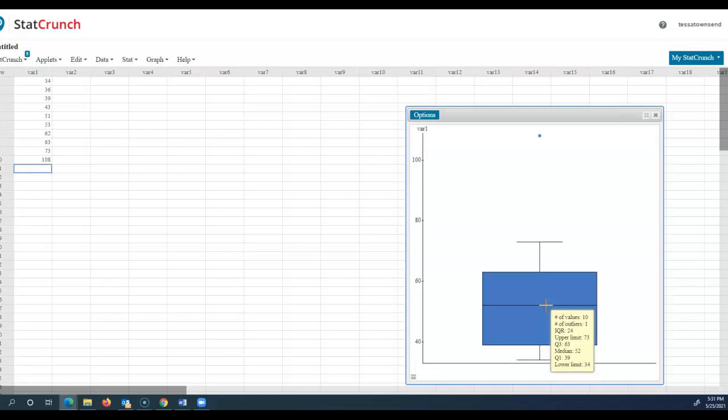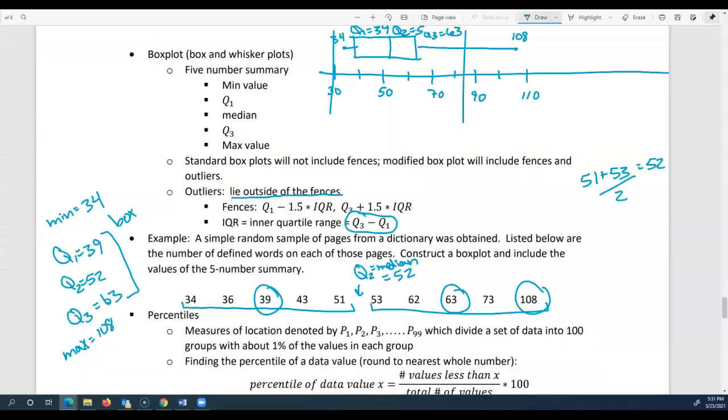So now the upper limit is a little bit different. It's at 73. 73 is the largest value that's inside of those fences. And then notice that this guy, that 108, is outside of the fence. It's an outlier. So there's your modified box plot.